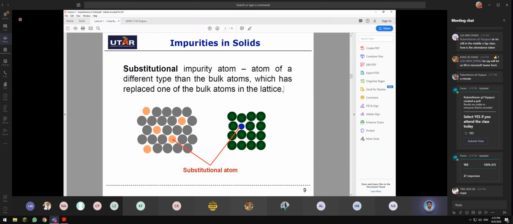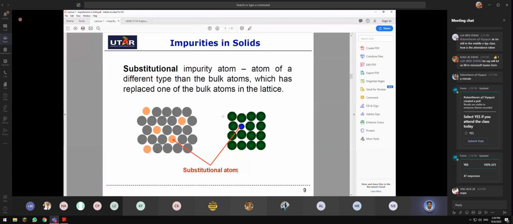I'm repeating it. Substitutional impurity atom, atoms of a different type than the bulk atom, which has replaced one of the bulk atoms in the lattice. So it replaces one of the bulk material in the lattice.